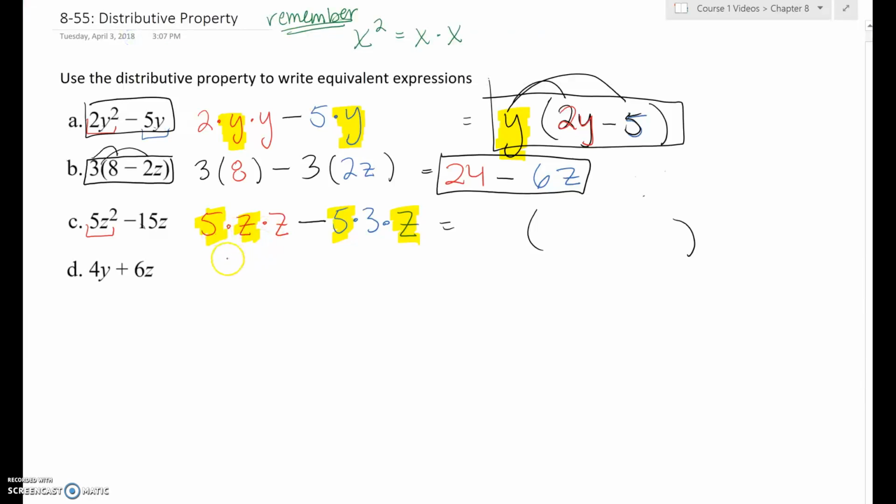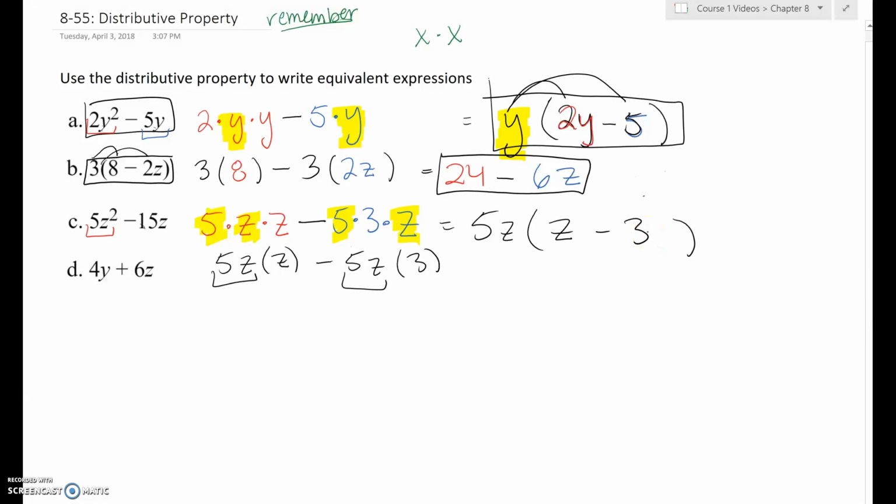So this here is 5z times z minus, and this is 5z times 3. So it's this 5z that is common for both. So that's what goes outside, and what's left on the inside is z minus 3.